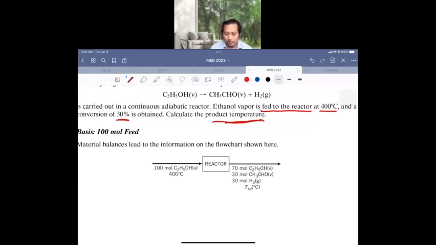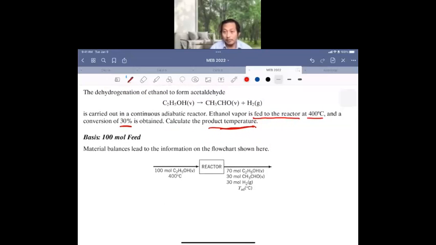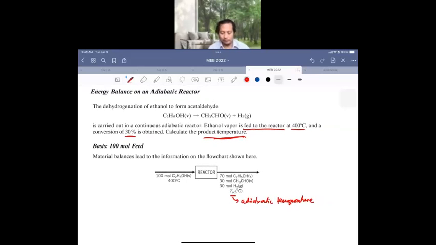So the temperature in this case, we call it the adiabatic temperature. Just to note the terms. And then choose the reference.